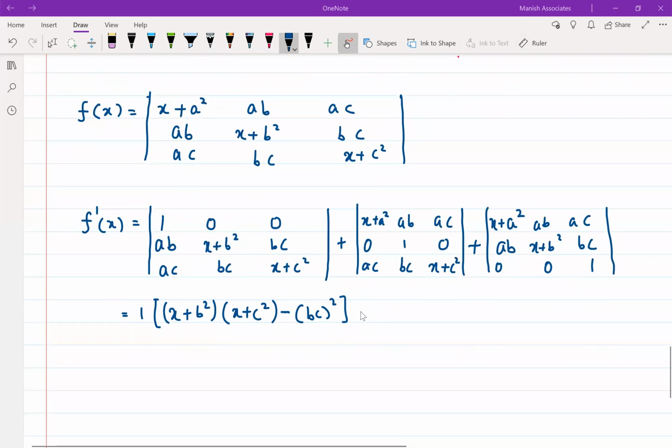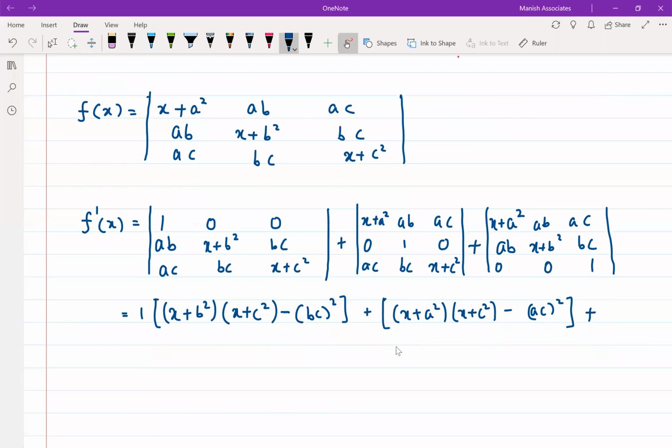So that's going to be like plus x plus a square, x plus c square minus ac the whole square plus x plus a square into x plus b square minus ab the whole square.